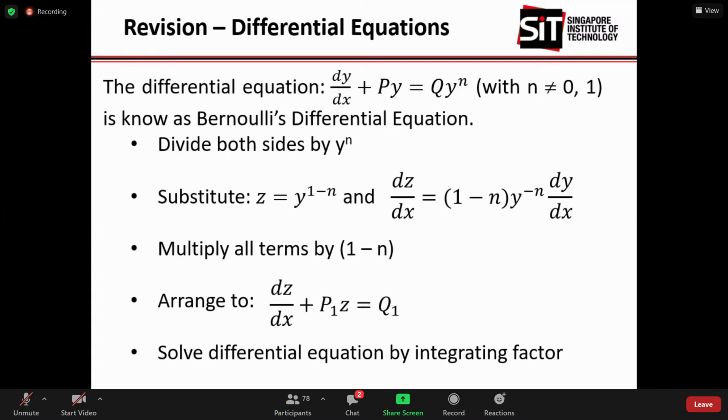If n were equal to 1, we could simplify and perform separation of variables. So the way to solve a Bernoulli differential equation is, first of all, to divide all sides of the equation by y to the power of n.